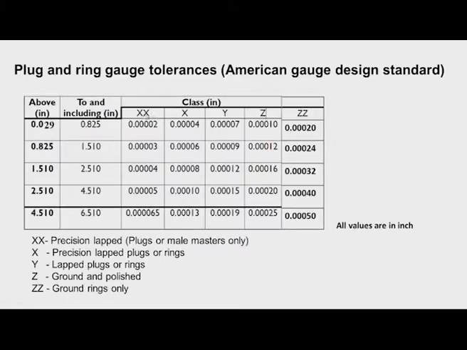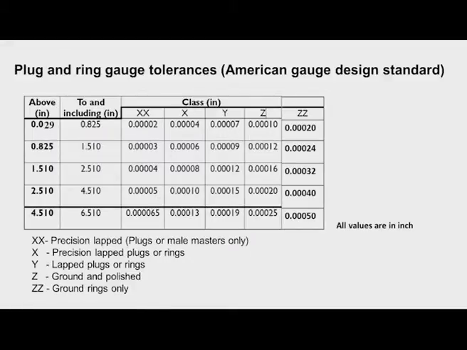If the gauge is XX class, then the tolerance allowed is 0.00002, and for X class it is double of this value, that is 0.00004, and for Y class it is 0.00007 inches, and for Z class 0.0001 inches, and for ZZ it is 0.002. Similarly for other ranges of sizes, the tolerance values are mentioned here.